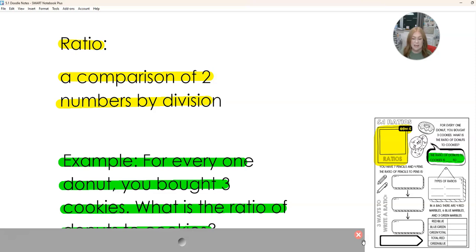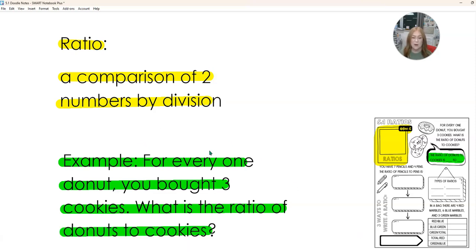So here is an example. For every one donut you bought, you bought 3 cookies. You buy another donut, you buy 3 more cookies. One more donut, 3 more cookies, and you're just continuing to do that. So what is the ratio of donuts to cookies?